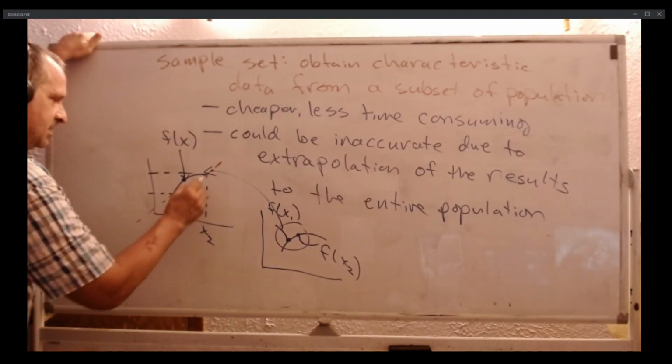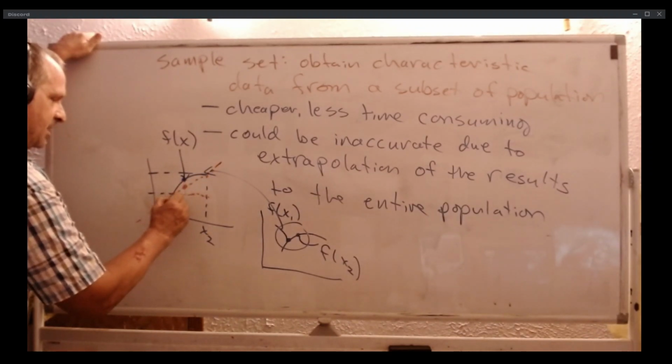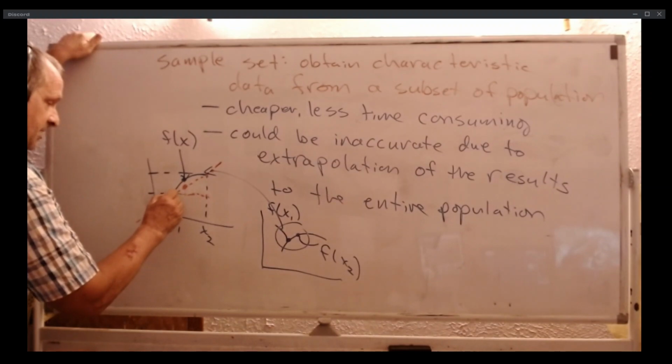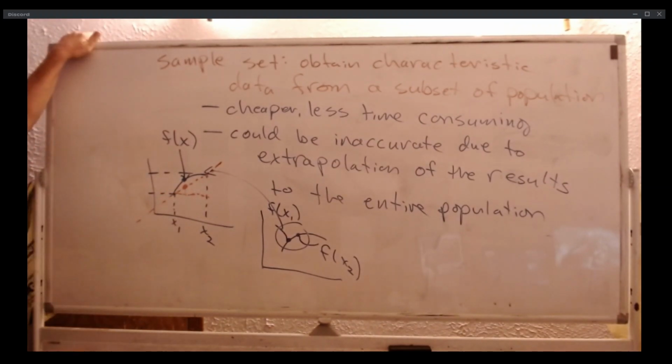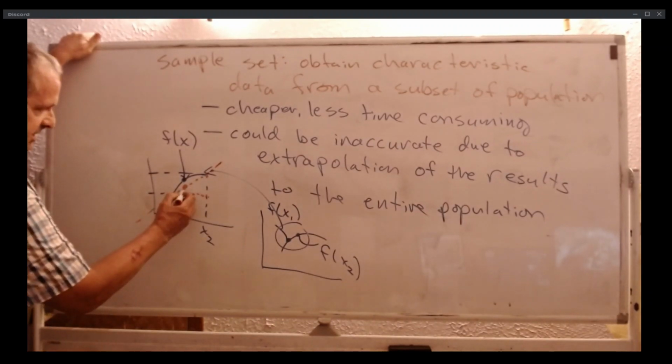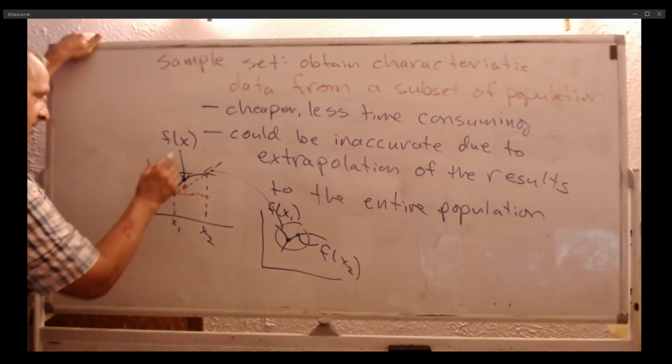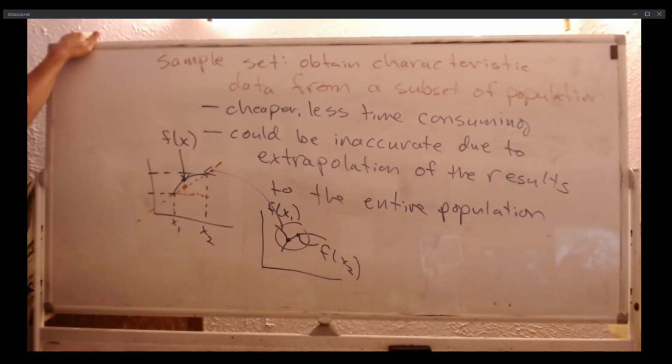So this distance divided by this distance equals this distance divided by this distance, right? By similar triangles. And then you just add whatever this is. You add that to f of x1, okay?